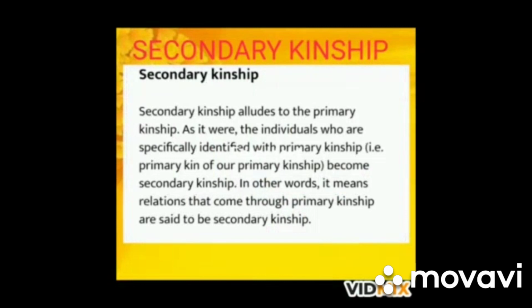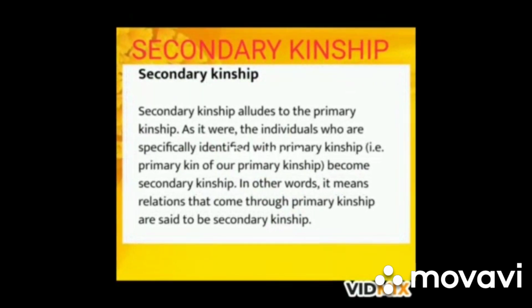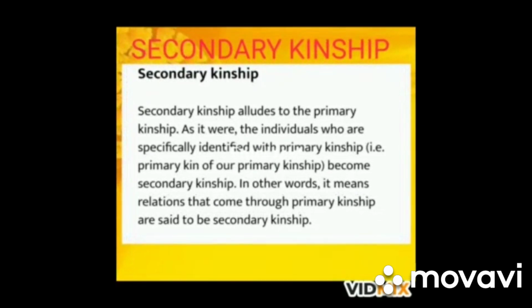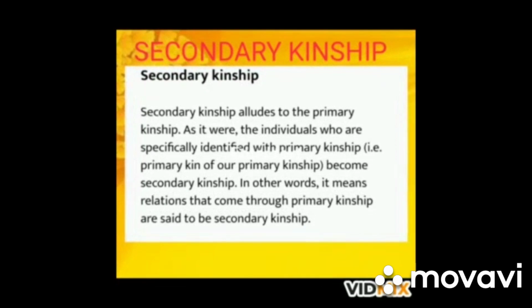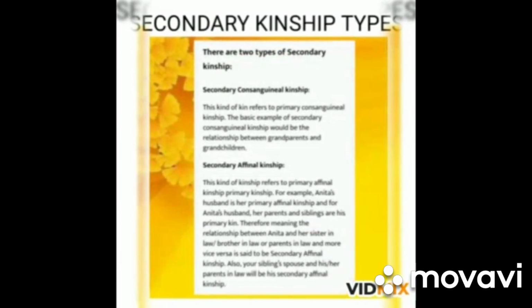Secondary kinship are those who are related to one's own siblings and parents. Example, one's own grandparents or spouses of the siblings: mother's brother, brother's wife, sister's husband.